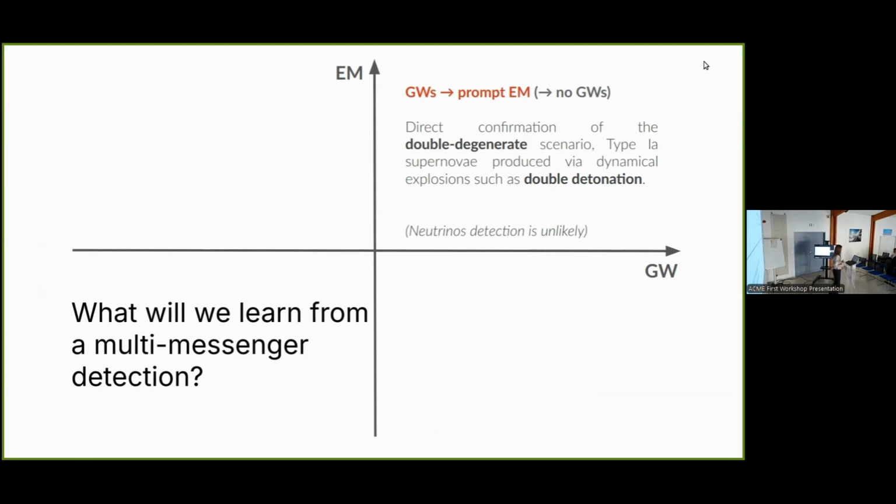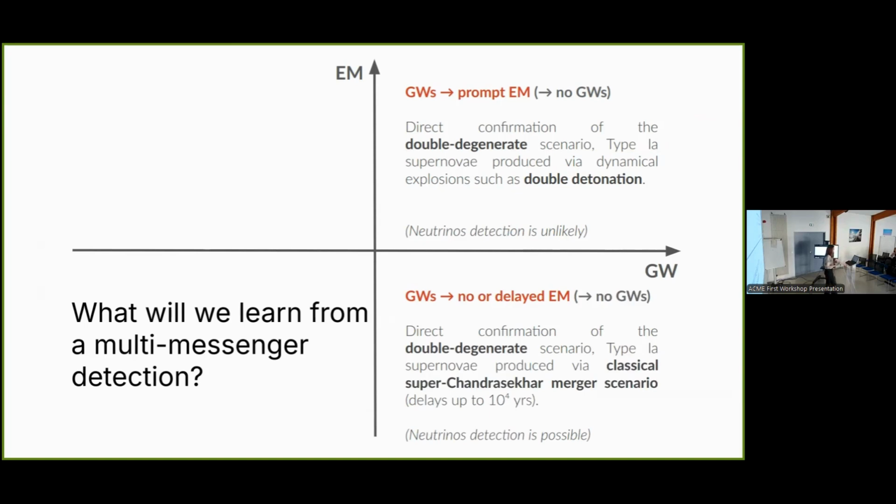If the electromagnetic emission follows the gravitational wave radiation quickly, it would mean it's something dynamical like the double detonation channel that I showed you here, because in double detonations you don't need massive white dwarfs. It is unlikely that we will see any neutrinos associated, unless the supernova is very close.